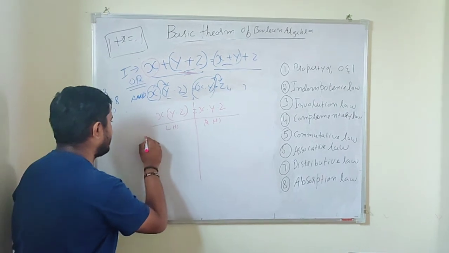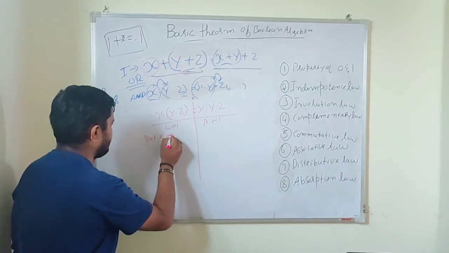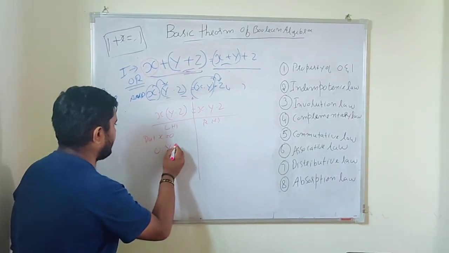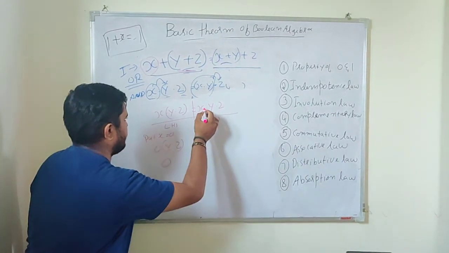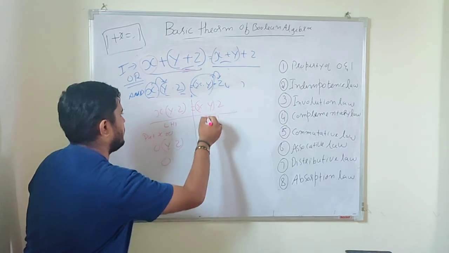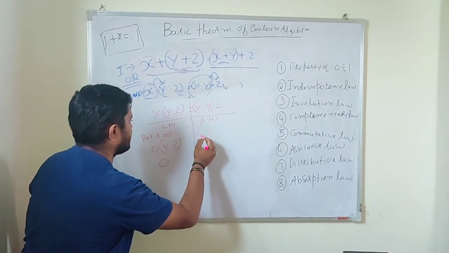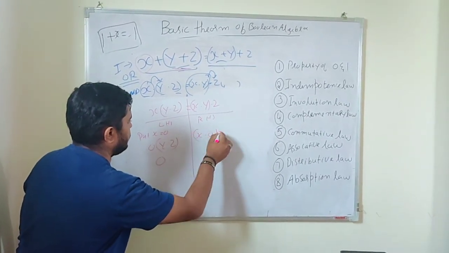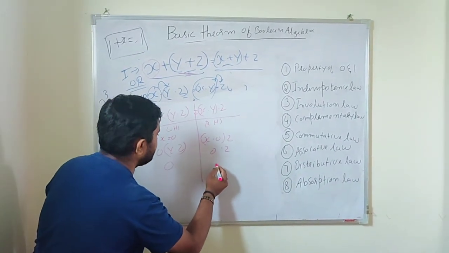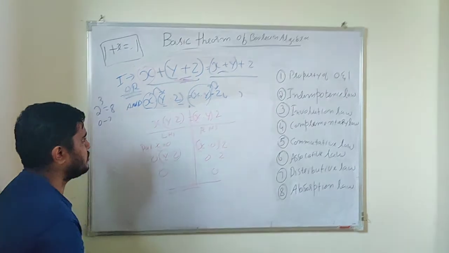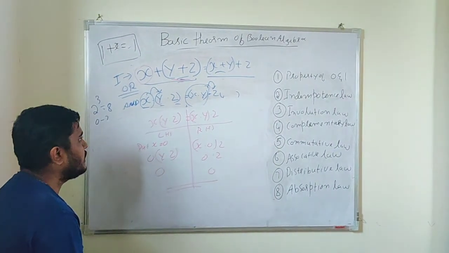So put x is equal to 0. 0 into y into z. Anything you multiply by 0 is equal to 0. So now x into 0 into z. 0 into z. Anything you multiply by 0 is equal to 0. So 0 is equal to 0. So this is how you are going to prove the associative law.